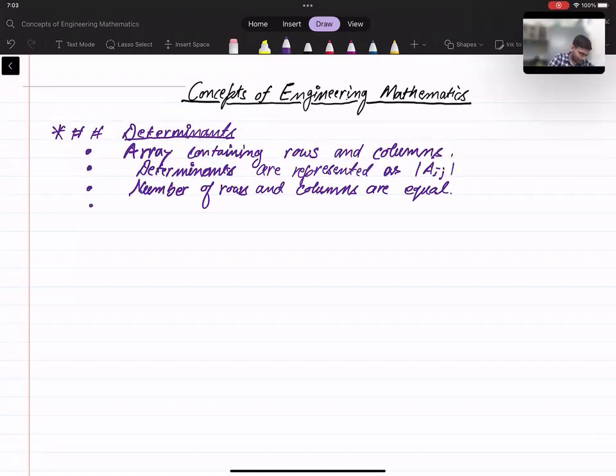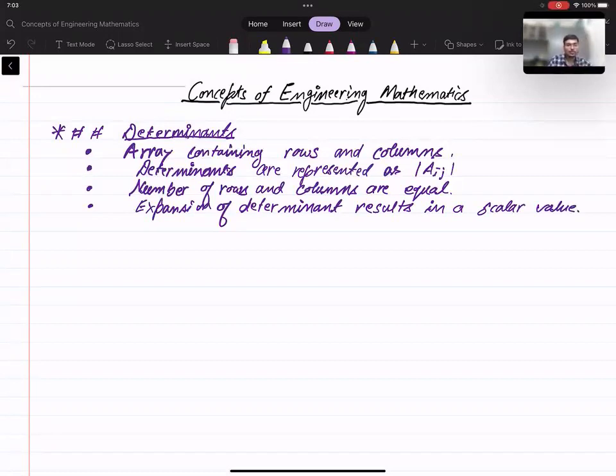The expansion of a determinant results in a scalar value. Okay. So let us see an example of how a determinant is represented.